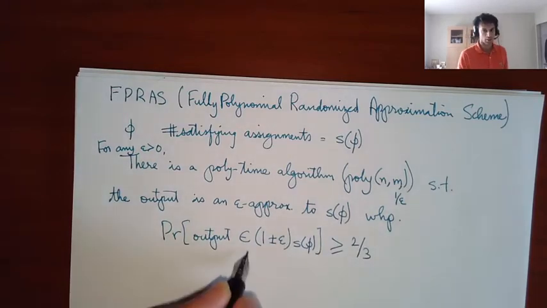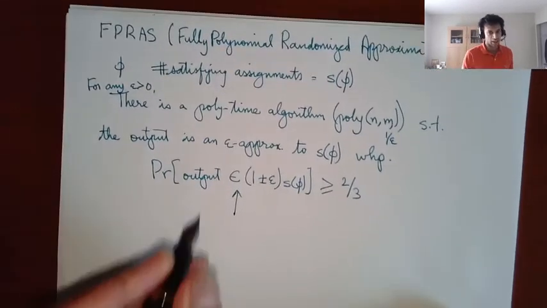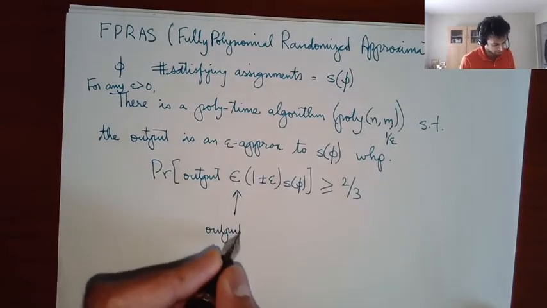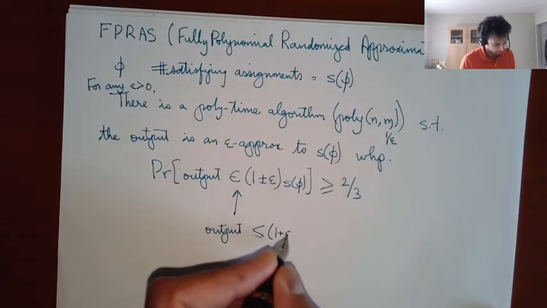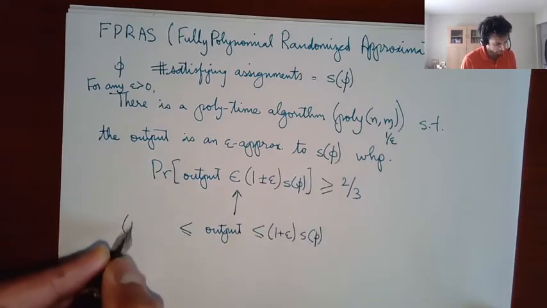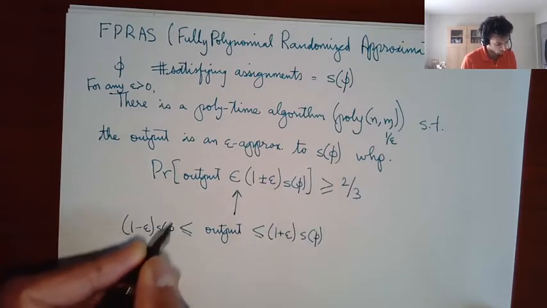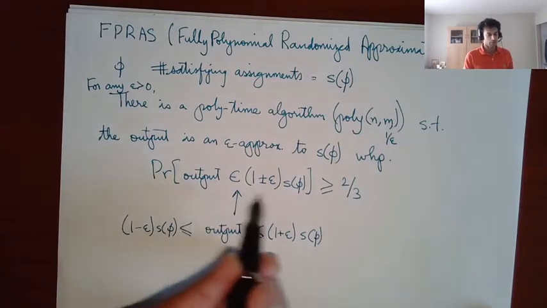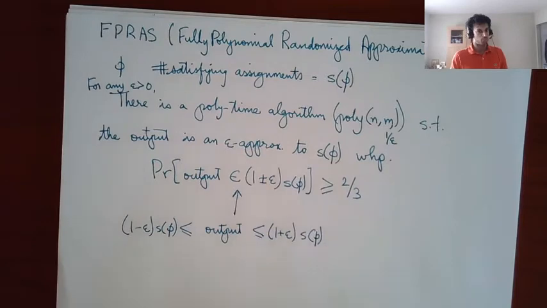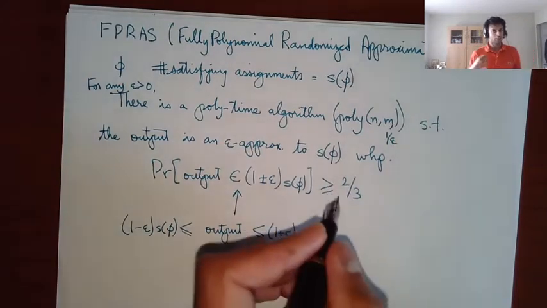Now I'm going to use this as a short form. I'll say output is in 1 plus minus epsilon, really to mean that the output is less than 1 plus epsilon times that, and at least 1 minus epsilon times that. Okay, so this is the shorthand that I'm using, and the probability is actually, or you can even just say, just greater than.